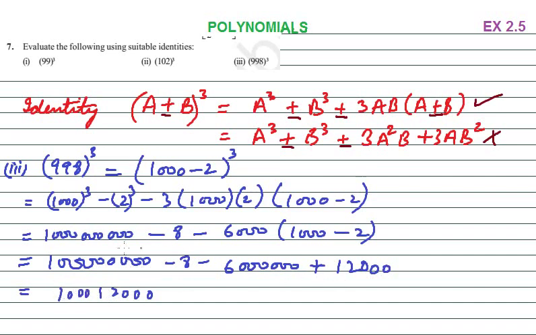You can vertically place this here also, in rough work. Now this is minus, minus is plus, so this is 60 lakh, so 60 lakh 8, okay, 60 lakh 8 it should be.